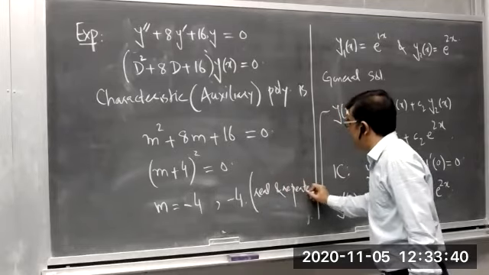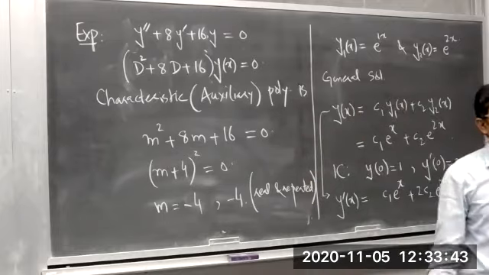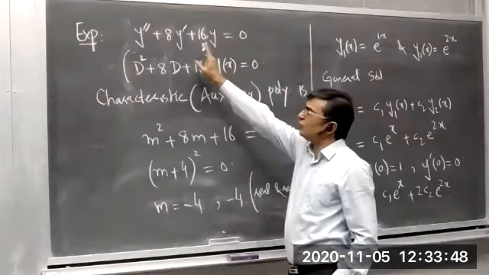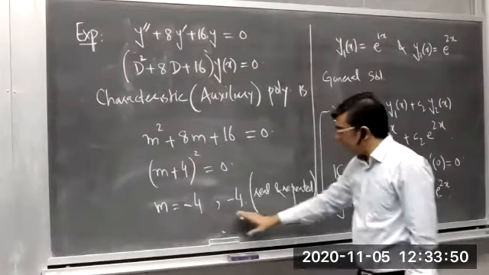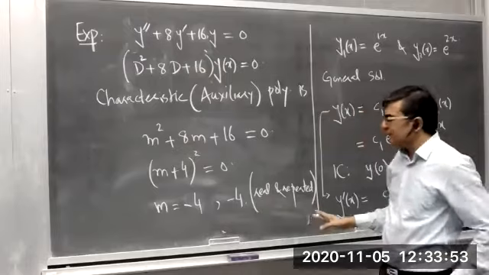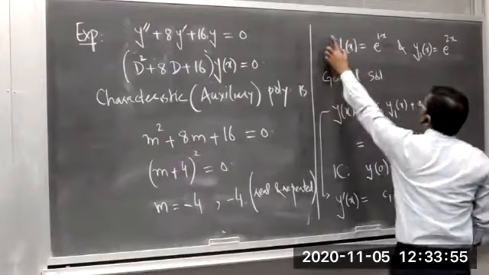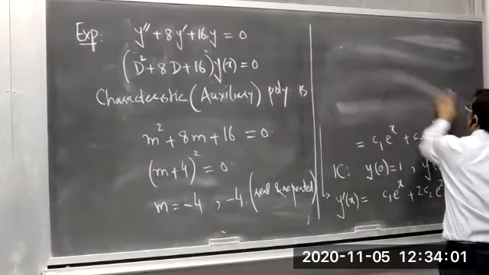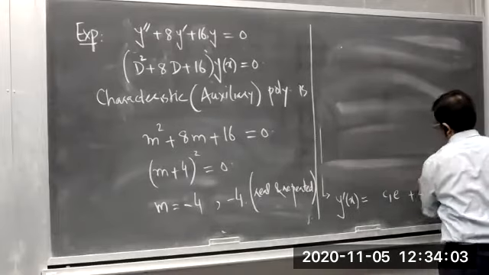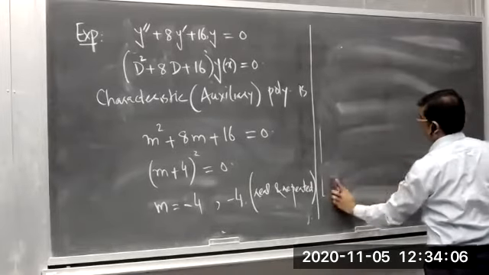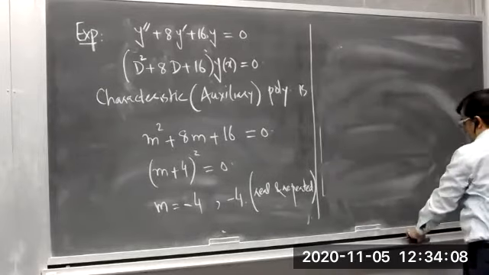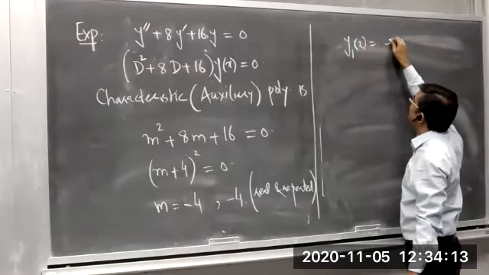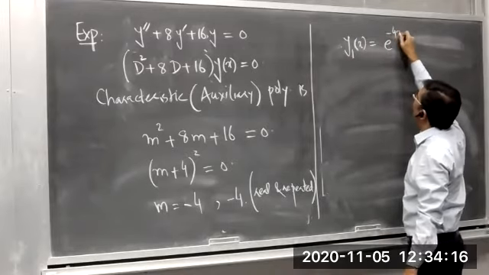This is the second case we discussed in the previous lecture: when we have a second order homogeneous differential equation with constant coefficients and obtain real and repeated roots, how do we write the general solution? I told you, we can write only one solution, because there is only one root which is repeated 2 times. So we can write only one solution, y1 of x equals e raised to the power minus 4x.